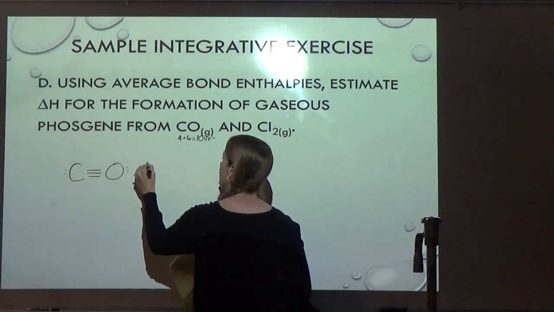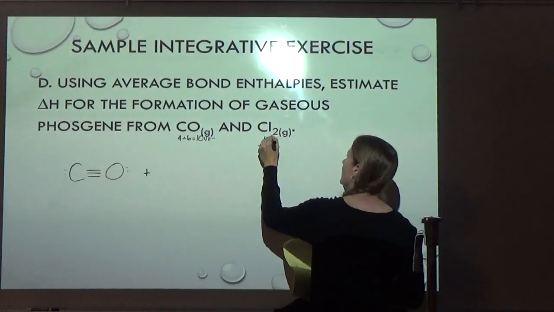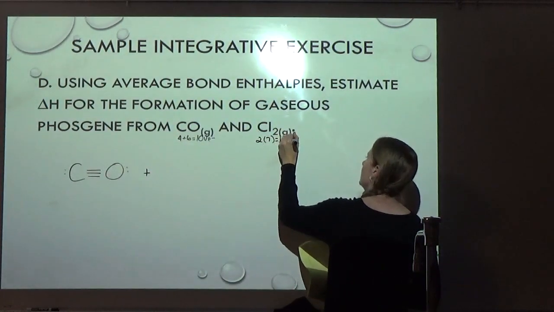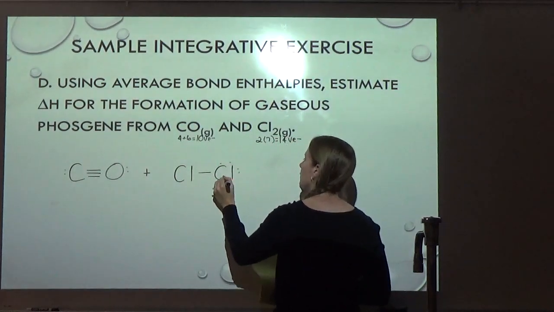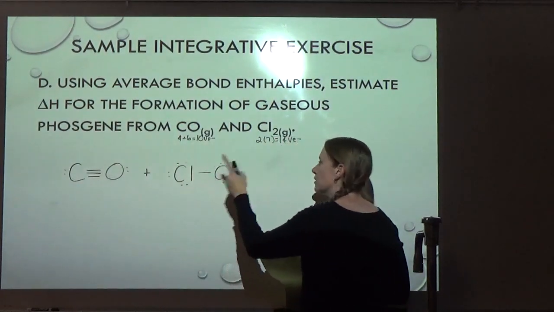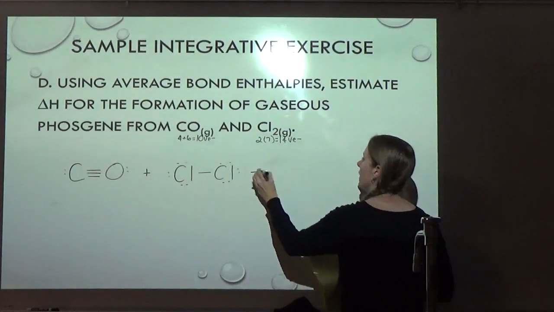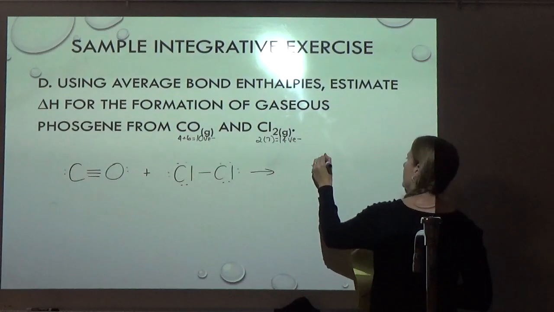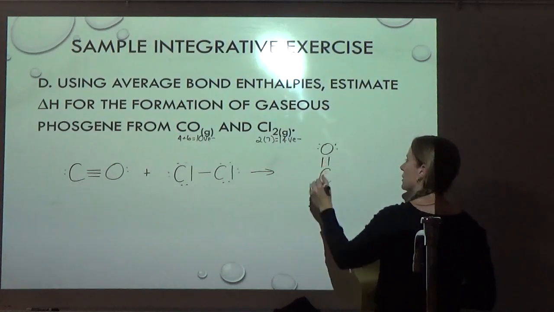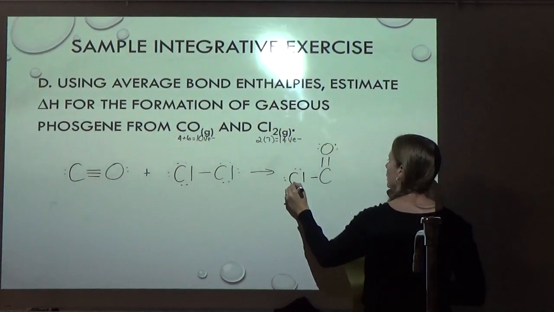All right, and Cl2. So Cl is 7 times 2, which is 14. So I do Cl, Cl, I give each one 6 more, and that is 14, so that's good. And then we said we are making phosgene. So C double bond O, because remember we just decided this is the preferred structure.